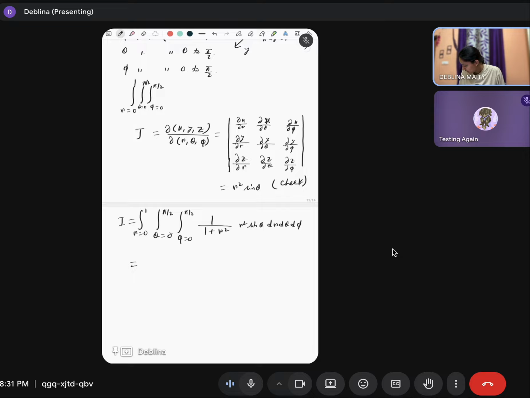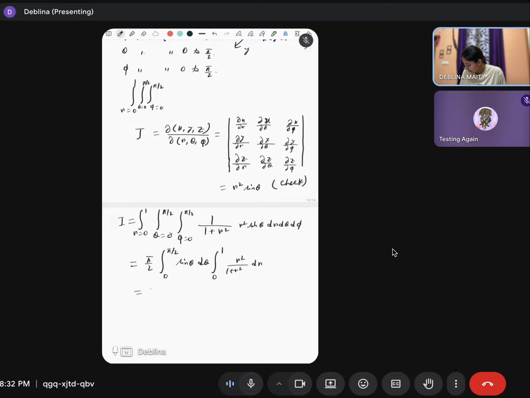So there is no phi, so pi by 2 will cancel out, only sin theta, and 0 to 1, this is r square by 1 plus r square dr, right?